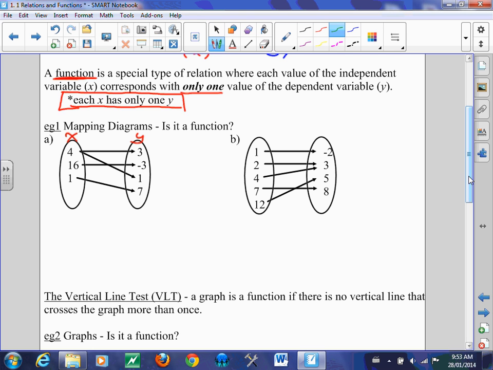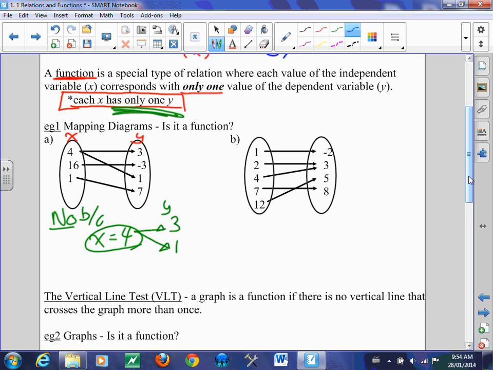So what you should say is, no, this is not a function, because when you take a look at when x equals 4, notice that, ladies and gentlemen, for y it goes to 3 and to 1. So that means it shares two values. It doesn't have one. In this case, when x is 4, we have two values for y, so that doesn't satisfy our definition of a function. So no, this is not a function because each x does not have its own y.